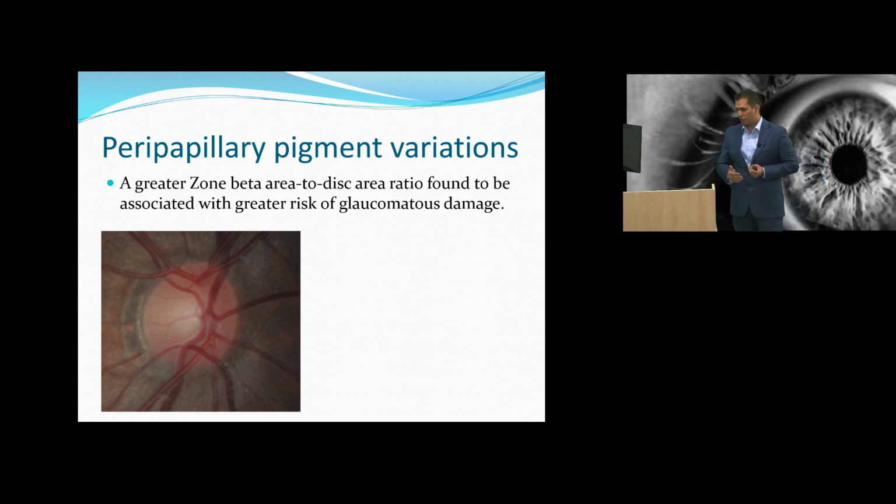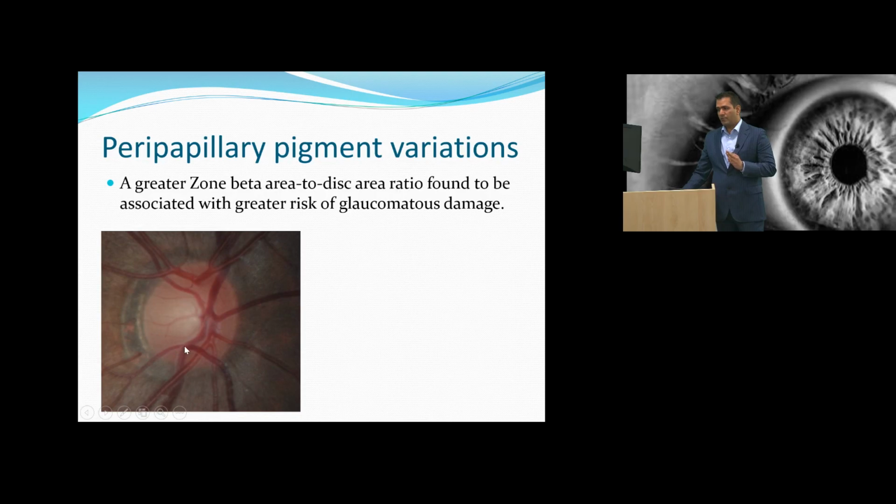Now let's take a picture here. This is a healthy patient. This patient has been evaluated both by OCT as well as visual fields, perfectly normal. This was a research participant. What we know from this picture is that you can look at this and say there is a significant peripapillary atrophy that can be identified, but the rim is very healthy.